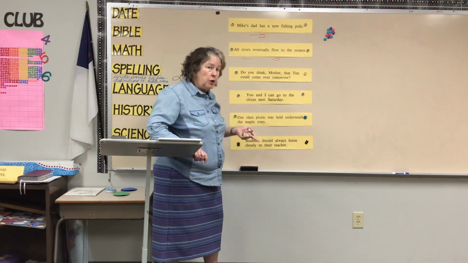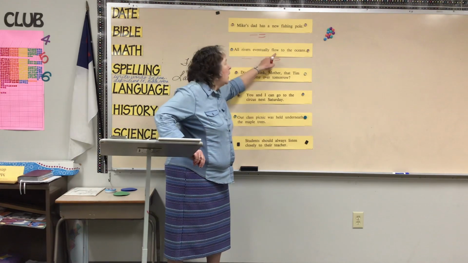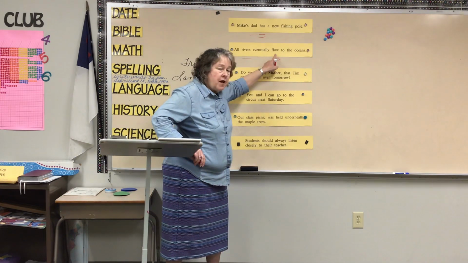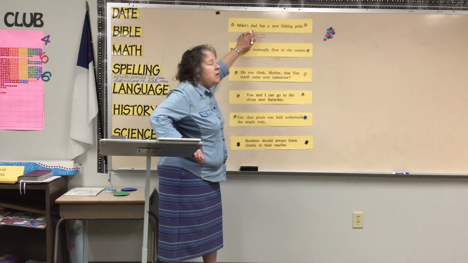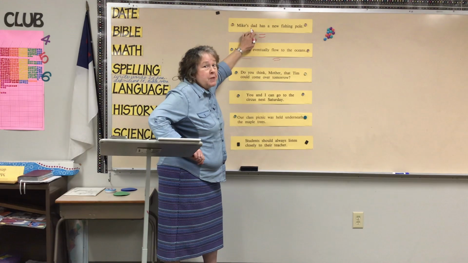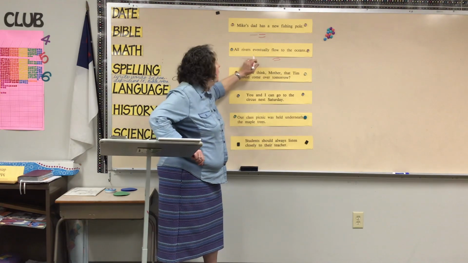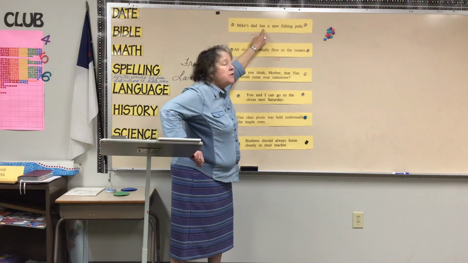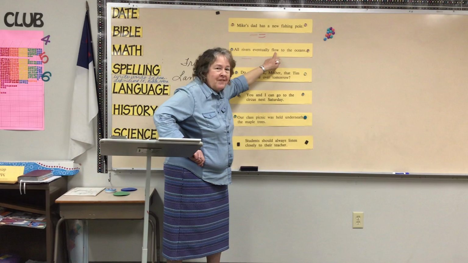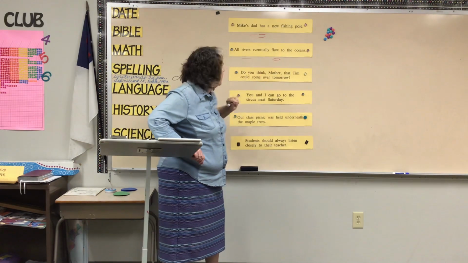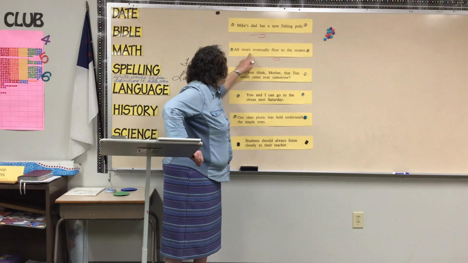Rivers is plural because it has an S. Therefore, our verb cannot have an S. Now you may notice a noun has no S to be singular and it has an S to be plural. But a verb is just the opposite. A singular verb has an S and a plural verb does not have an S. All right, so like I said, one word or the other will end in an S.